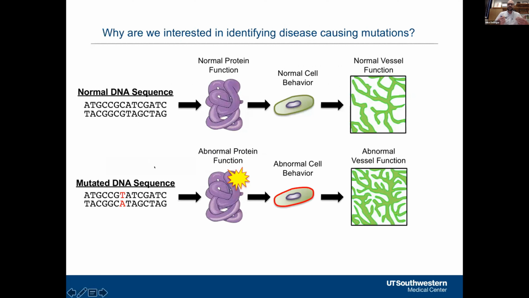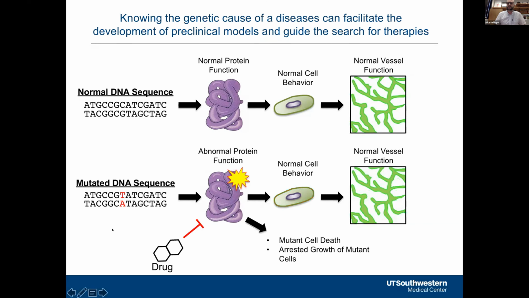So, like I said, changes to DNA ultimately result in changes in a protein, and this abnormally functioning protein causes the cell to misbehave and form an abnormal, malfunctioning vessel. And that can ultimately impair lymphatic function and cause fluid to accumulate in areas. And we're interested in identifying disease-causing mutations because these mutations can ultimately help us develop preclinical models and guide the search for therapies.